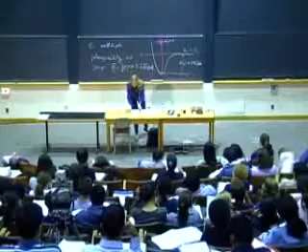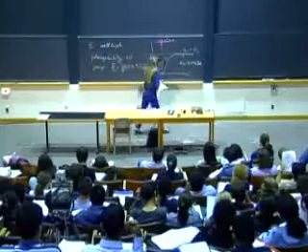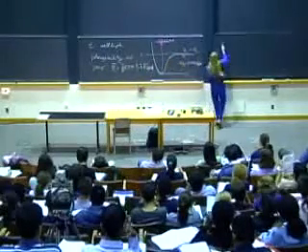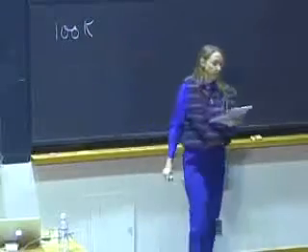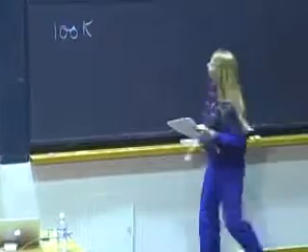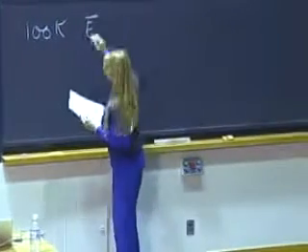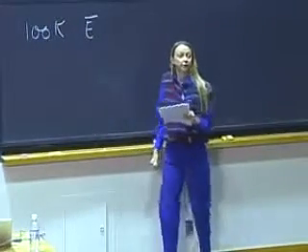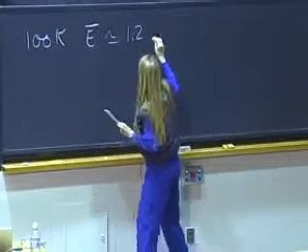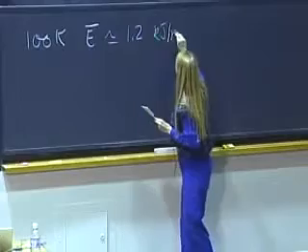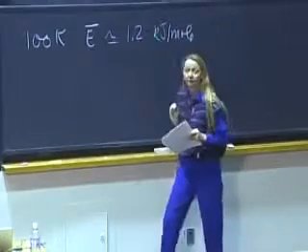However, let's lower the temperature now. Say we lower the temperature to 100 degrees Kelvin. When we do that and we calculate the average energy at 100 degrees Kelvin, that's on the order of 1.2 or so kilojoules per mole average energy.